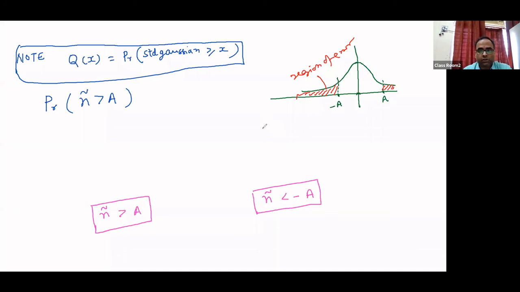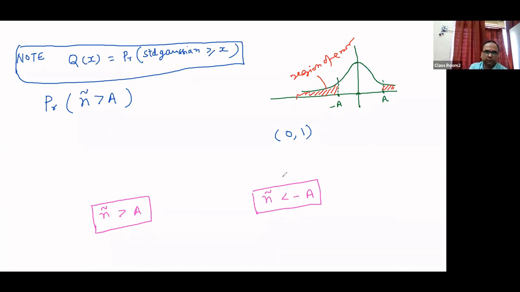The standard Gaussian is basically when any Gaussian signal has zero mean and the standard deviation, that is sigma, is unity, right?